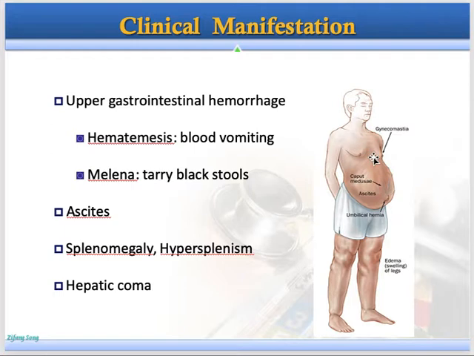So now, once you have understood this, we are going to discuss in more detail how to prevent variceal bleeds or how to manage variceal bleeds, right?